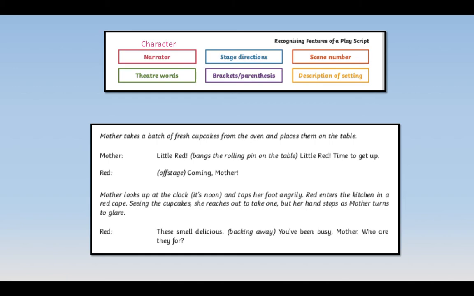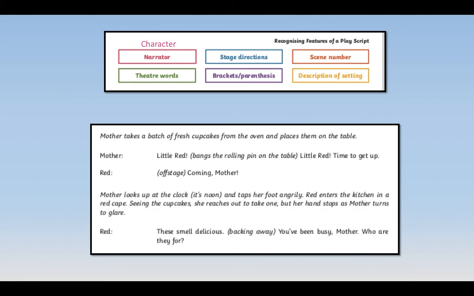Now it's your turn. So I have the same features above as the slide before. So your task is to color code your work. So which parts of this play script belongs to the narrator and characters, which part belongs to the stage directions, scene number, theatre words, brackets or parentheses.